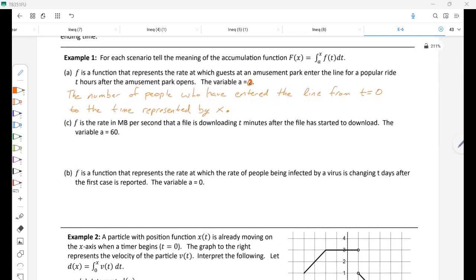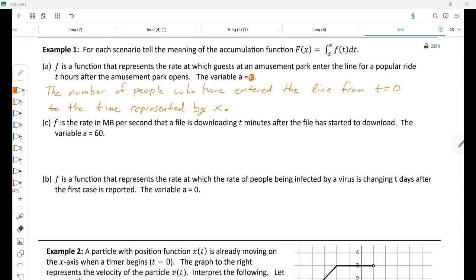This is not a standard AP question. I think it's important. It's not something you don't need to know, but it's not like a standard AP question where there's like a set format for answering it. Be careful when you are thinking about these things that you don't veer away from what it says.